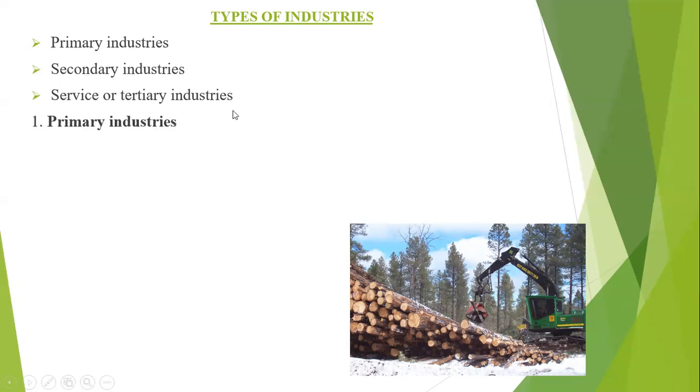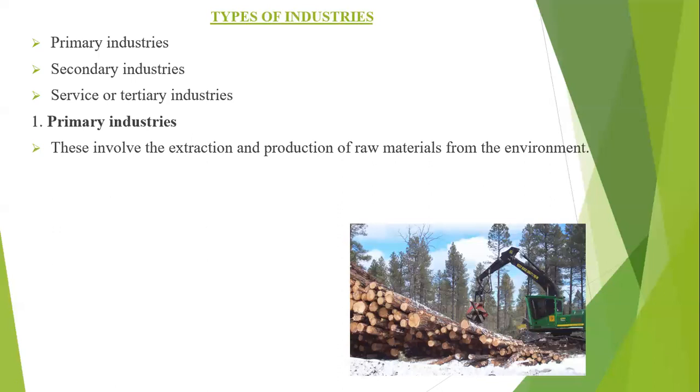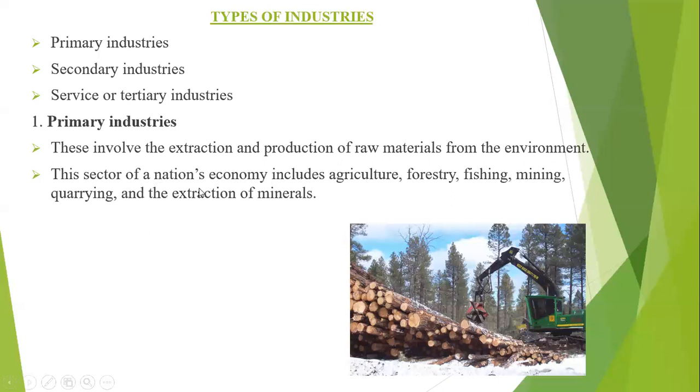Now, what are primary industries? Primary industries involve extraction and production of raw materials from the environment. Now, this sector of a nation's economy includes agriculture, forestry, fishing, mining, quarrying, and extraction of minerals.